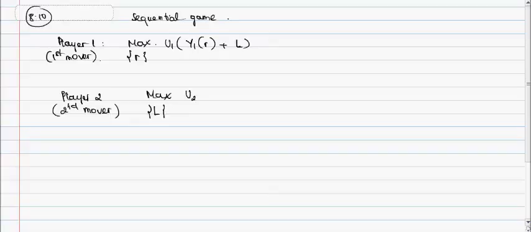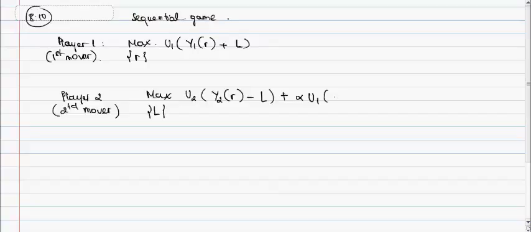The objective function is utility 2, a function of the income y2 they earn, which depends on the action R chosen by the child earlier, minus the amount L they already gave to the child. Because they also care about the child's utility, they want to maximize part of it, so it's plus alpha utility 1.